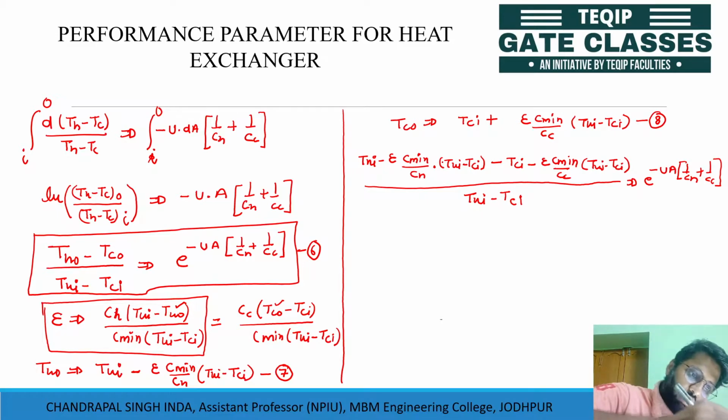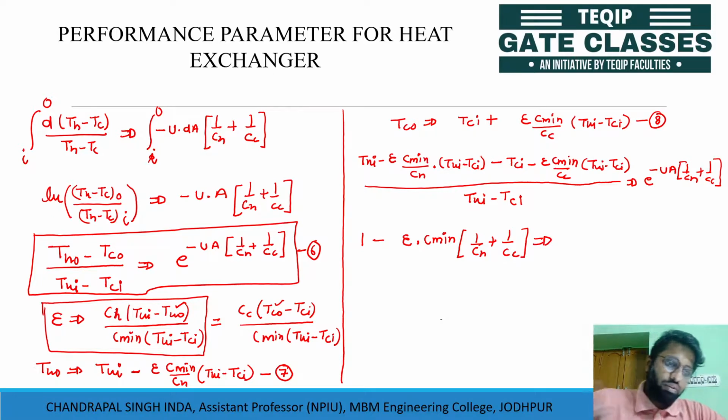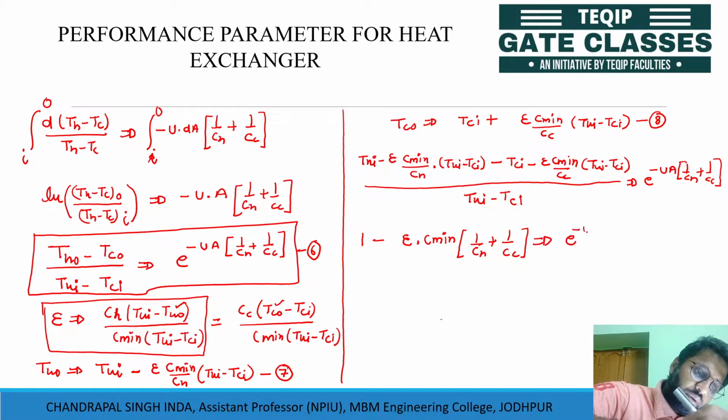The terms we will have are 1 minus effectiveness multiplied by C minimum (1 by Ch plus 1 by Cc), and that will be equal to e to the power minus UA (1 by Ch plus 1 by Cc).